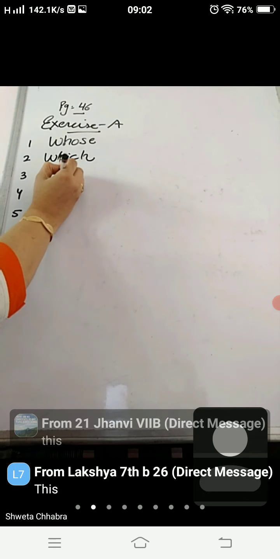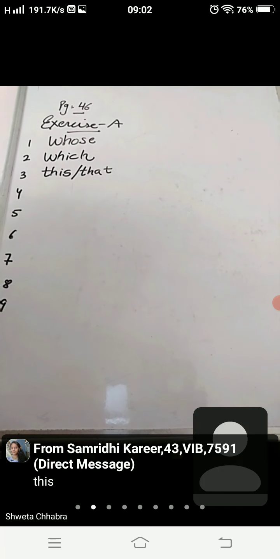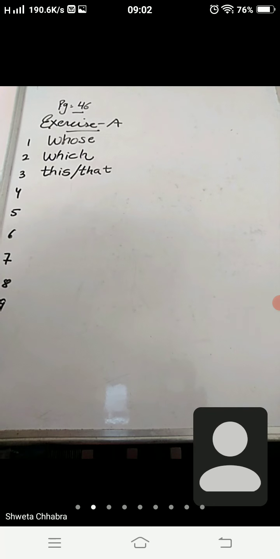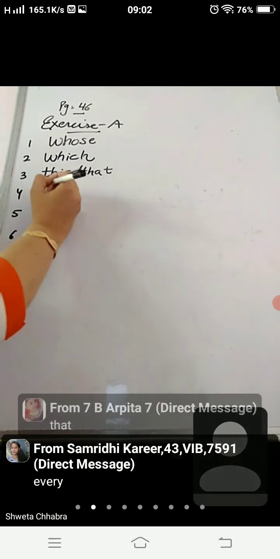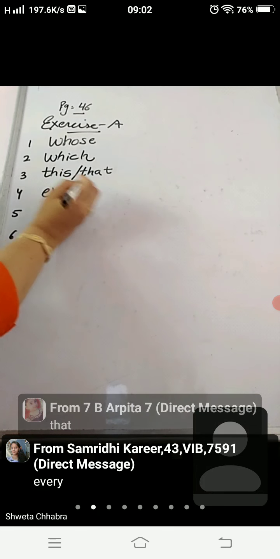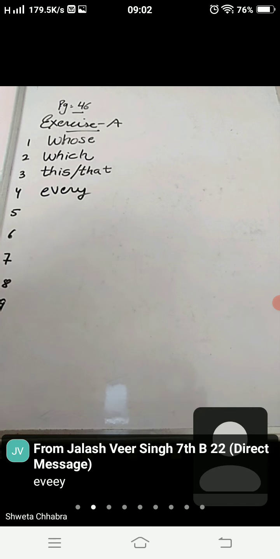Yes. This car or that car. Both are right. Okay. The winter sale is on in dash shop in the area. Every shop in the area. It is a pity that dash child should be put to labor.